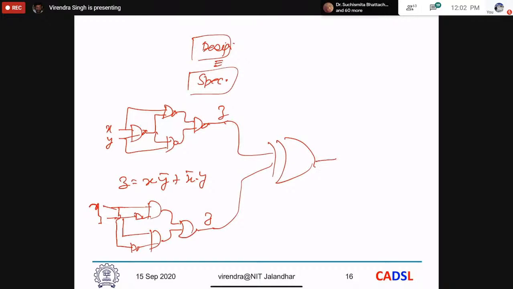Now, when I make the XOR, what should be the output of this? Of course, X and X are connected, Y and Y are connected. So what would be the output for any value of X and Y?